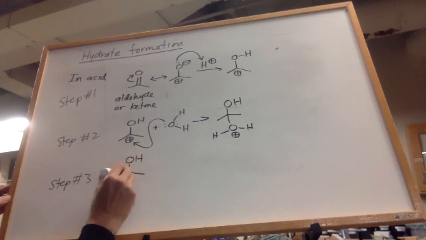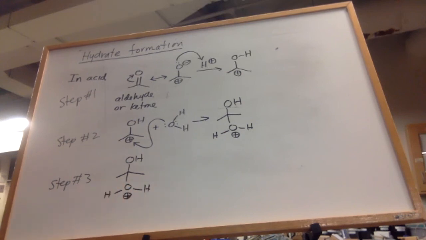All right, so at the end of step two, we had this. Last step is now, oxygen is electronegative. It doesn't like to have that positive charge. Oxygen wants to either be neutral or negative. So the last step of the mechanism is going to be the deprotonation of this positively charged oxygen. A base comes along. It's probably water functioning as a base that is going to come along and remove this proton.